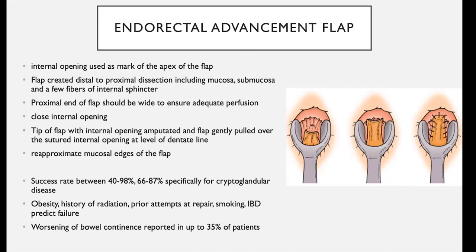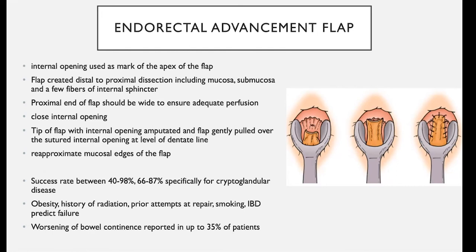The proximal end of the flap should be wide to ensure adequate perfusion. The internal opening is closed with suture, the tip of the flap is pulled over that internal opening, and then the edges of the flap are reapproximated with suture.